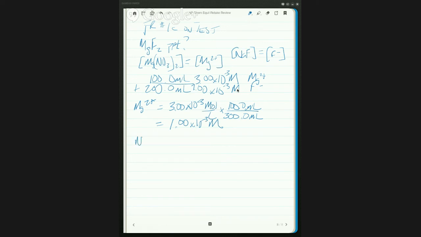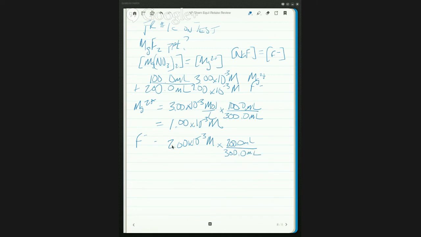Not the N, we want the F minus. Oh, how about the eraser? There we go. Okay, so the concentration of the F minus is equal to 2.00 times 10 to the negative third molarity times, now we had 200.0 milliliters, and multiplying it times that volume will give us the number of moles. And remember that the total volume was 300 milliliters.